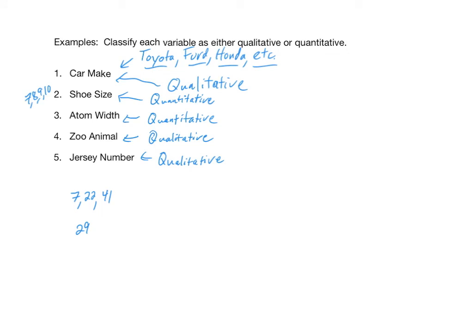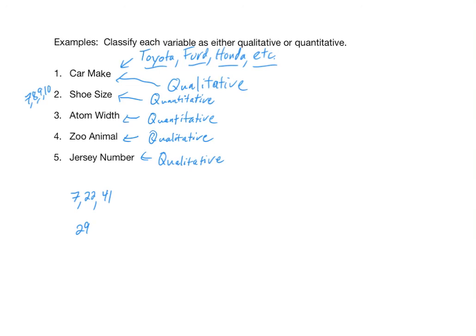Now you may be wondering, how do we do any sort of computations involving qualitative data? Well, people do this kind of thing all the time. Perhaps somebody wants to know, is there a connection between the type of car that somebody drives and their average annual salary? For example, maybe a researcher is assuming that somebody who drives a Ferrari probably makes a lot more money than somebody who drives a Ford.